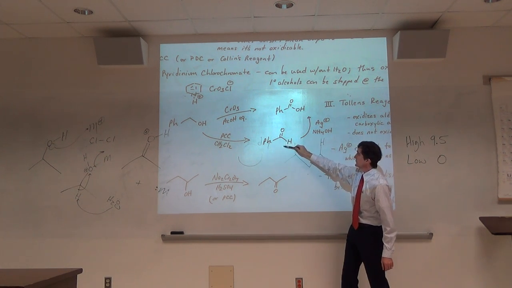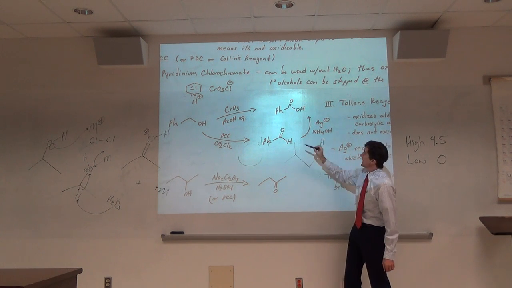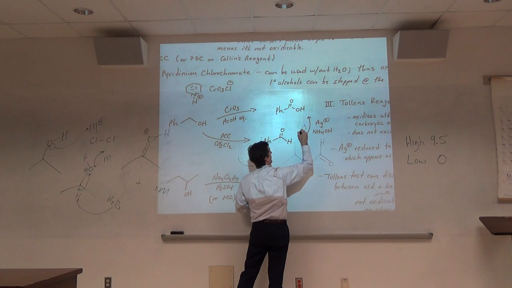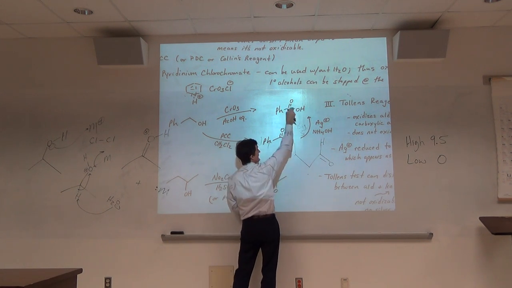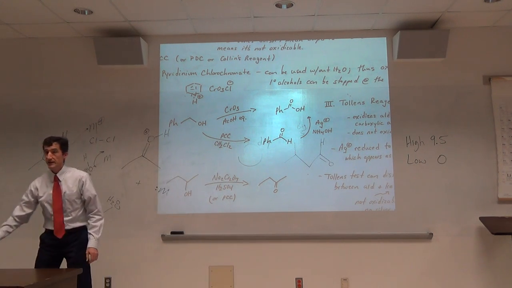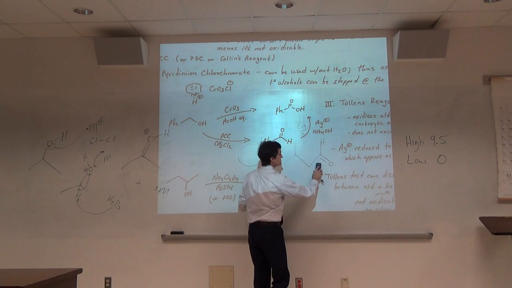Of course, aldehydes are further susceptible to oxidation. This can be done with big 3. Big 3 will take this to that. But we also have another reagent that will do that. Silver ion.